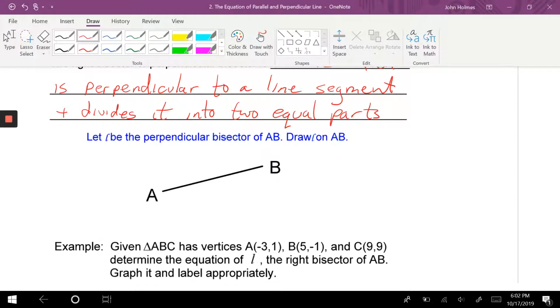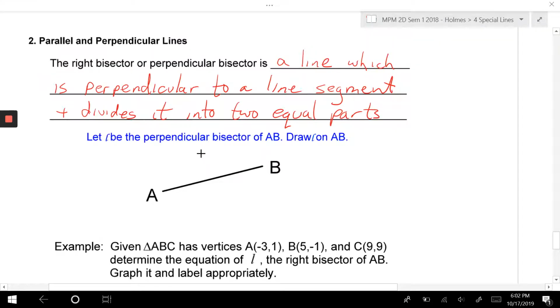So, if we were to draw that perpendicular bisector, I'll approximate. I'm trying to draw a line that's at 90 degrees. Looks like it needs to be maybe a little more to the left. Anyways, you kind of get the idea.